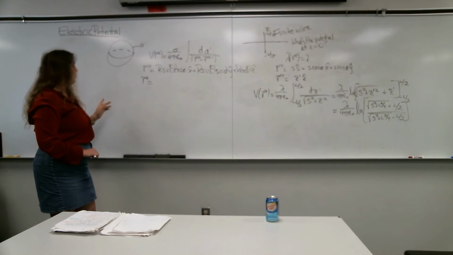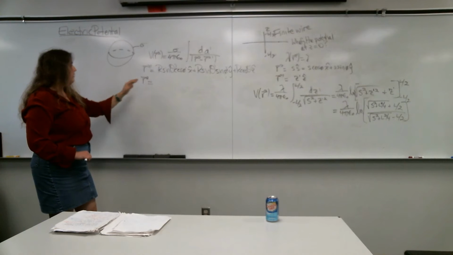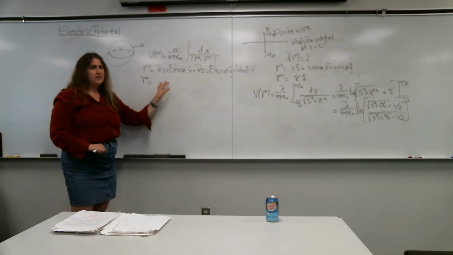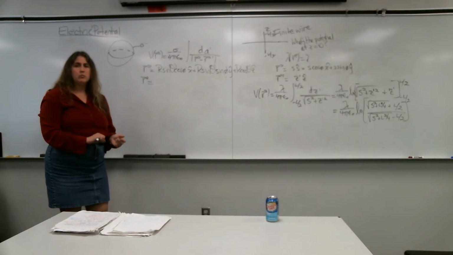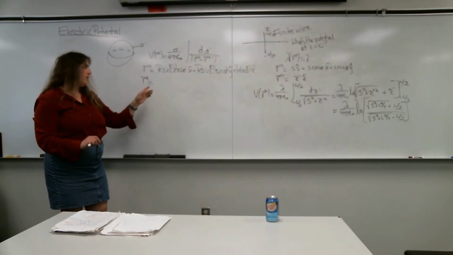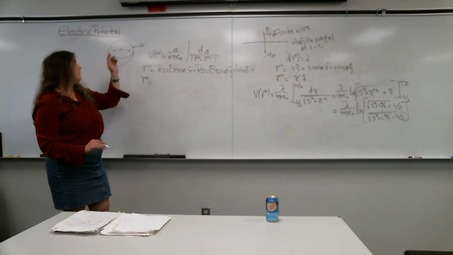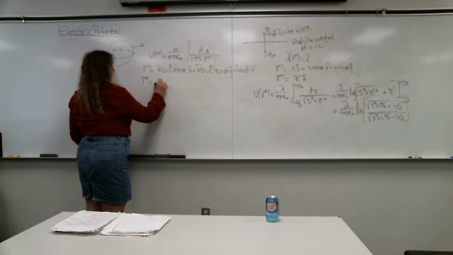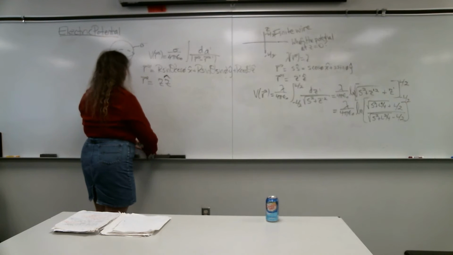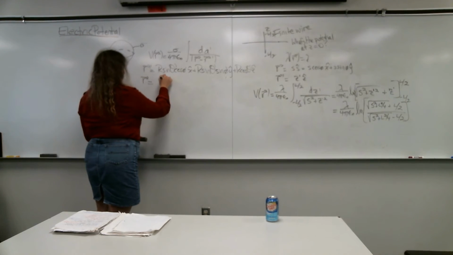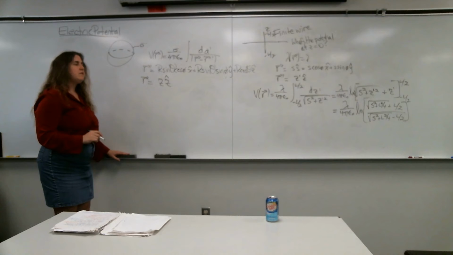So with that in mind, rather than trying to evaluate this at some arbitrary point and making our lives a little bit more difficult, why not simplify things and evaluate this along the z-axis? Just makes the problem a little bit easier to handle.